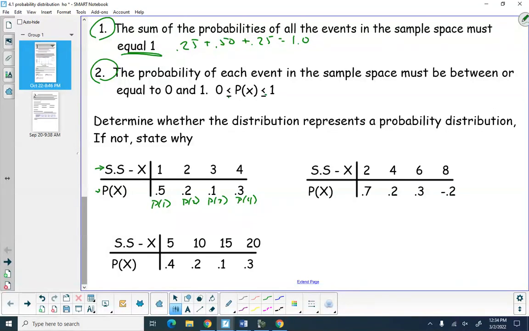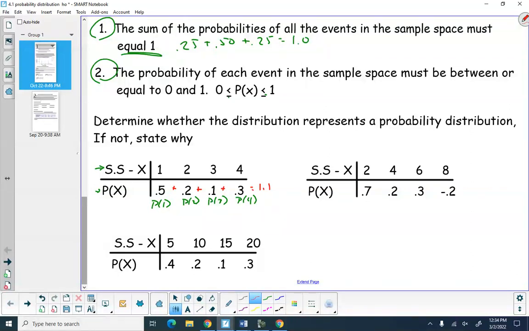If this is a true probability distribution, two things must occur. I must be able to add them up to equal 1, and I have to have my probabilities between 0 and 1. Let's add these up. Does my probability add up to 1? I have 0.5 plus 0.2 plus 0.1 plus 0.3, which adds up to 1.1.